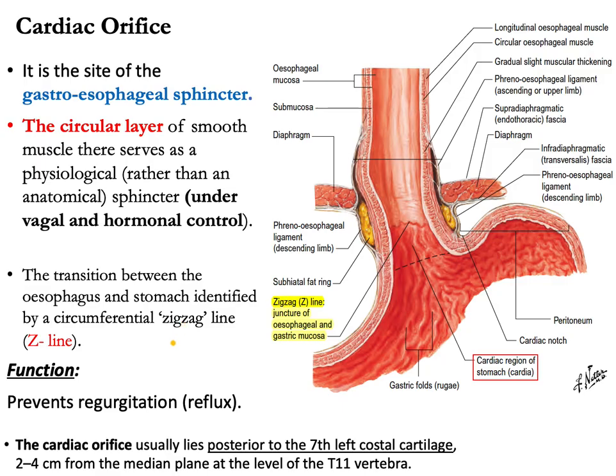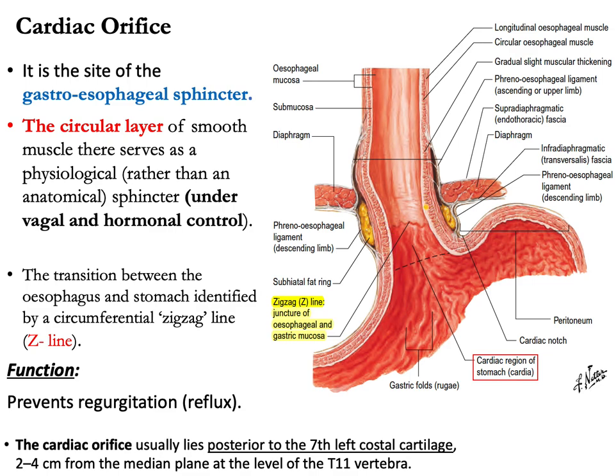So let us start with the cardiac orifice. This is the location of the cardiac orifice, which is the site of the gastroesophageal sphincter. Indeed, there is no anatomical sphincter here. That means there is no thickening in the smooth muscle to form a sphincter.